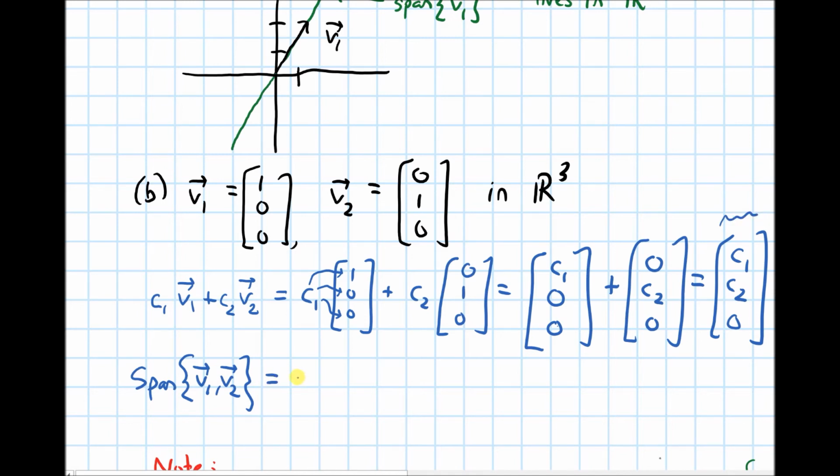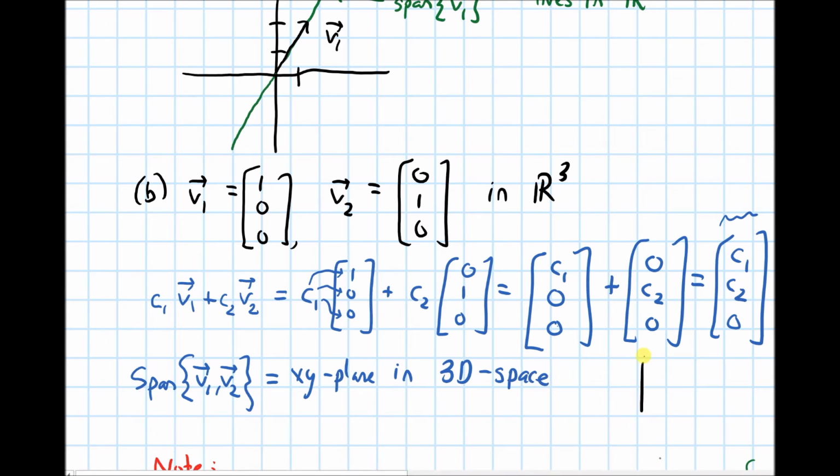Well, if the third entry, the z component, is 0, that means we're talking about the xy plane in 3D space.